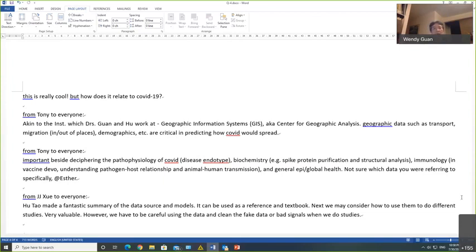Therefore, we use it as an example. But this platform can be applied to anything, an economic crisis, for example. Where are the labor forces? Where are the supply chains? Where are the business activities? Many different applications can benefit from such a platform.